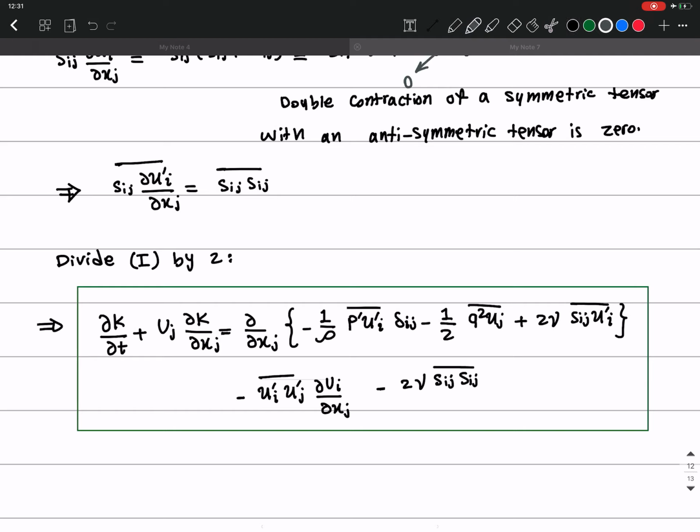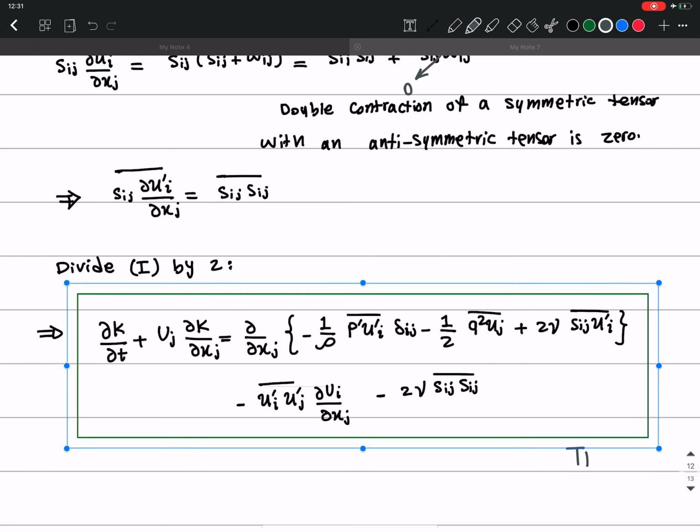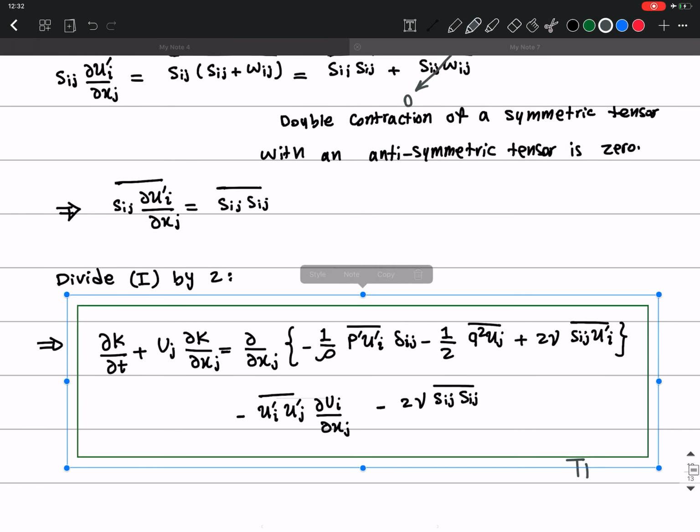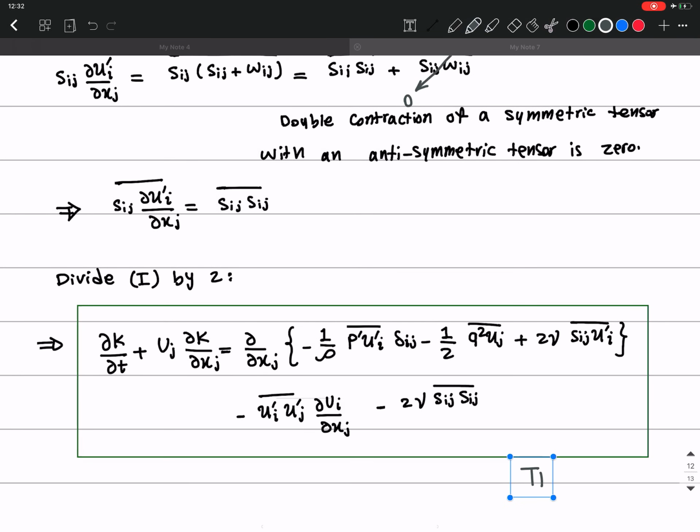So this is actually what we know as the TKE budget equation.